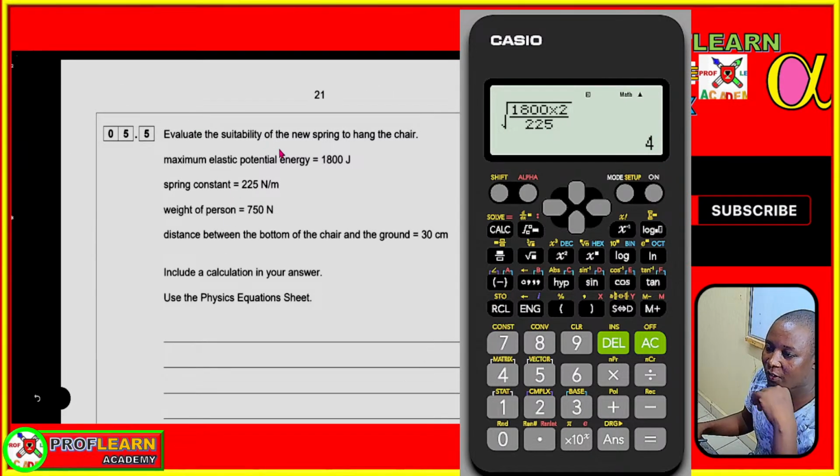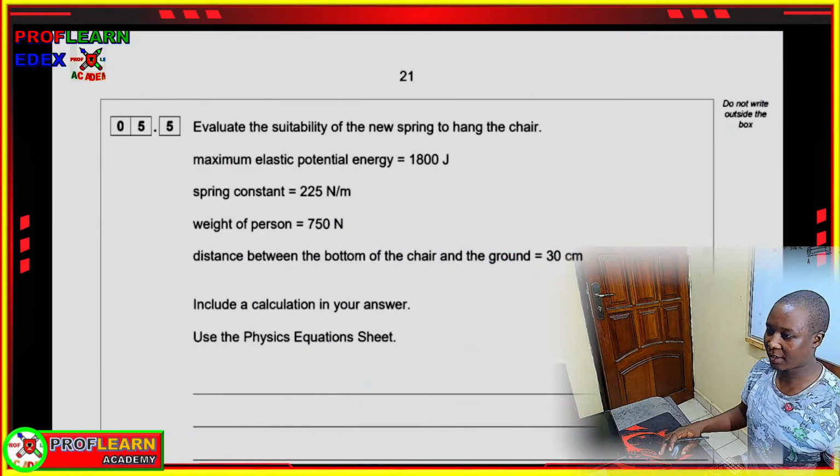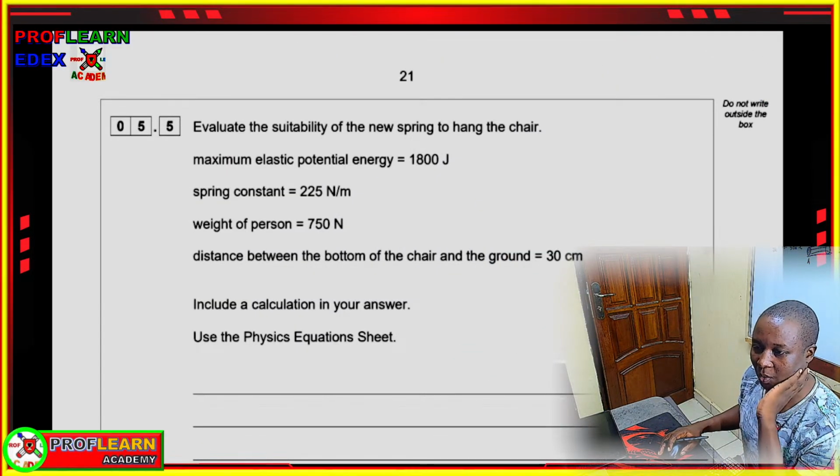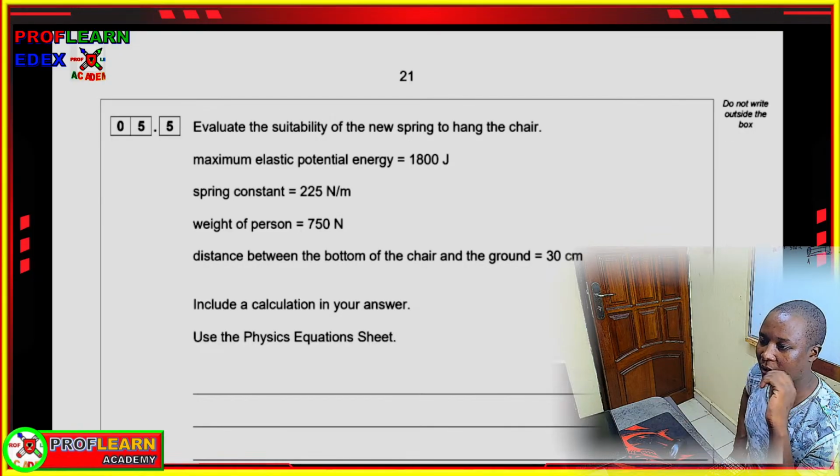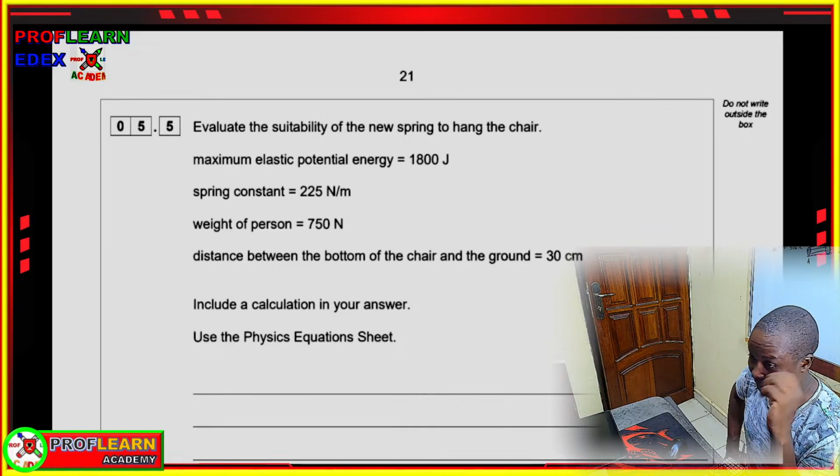Evaluate the suitability of the new spring. How do we evaluate the suitability of the new spring in this particular case? We are told to evaluate the suitability of the new spring on the hang of the chair. Maximum elastic potential energy is 1800 joules.